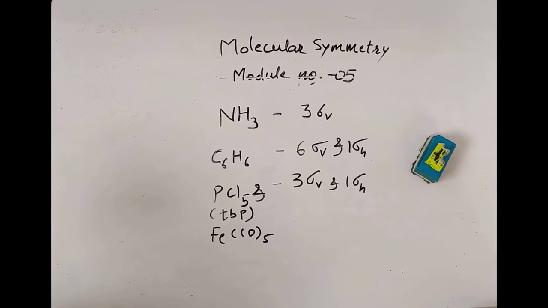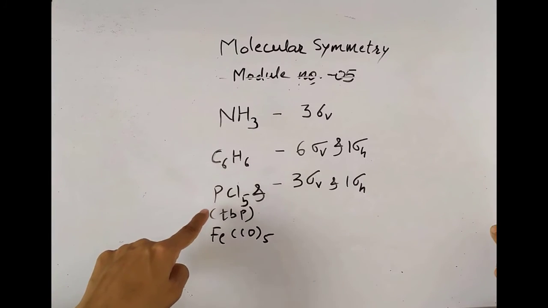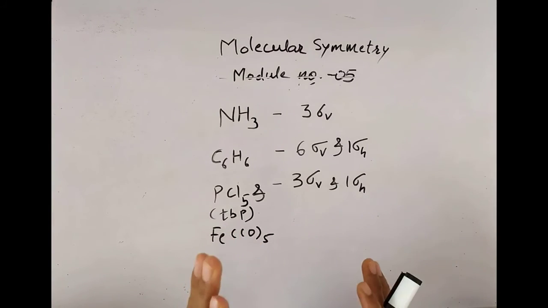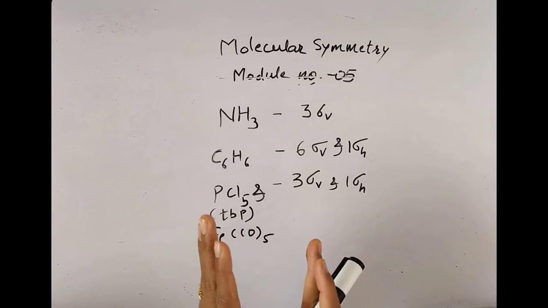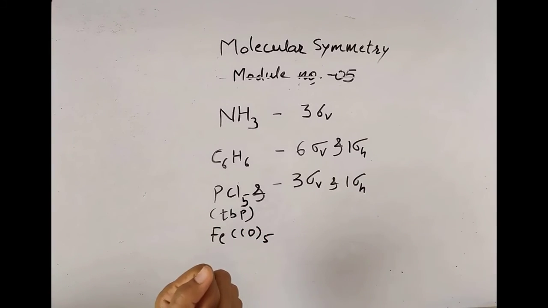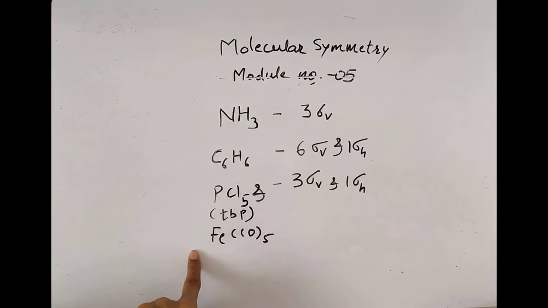For more practice, you can find out the planes that are present in ammonia, benzene, PCl5 and Fe(CO)5. I have told you before also, in order to find out all the symmetry elements, whether it is sigma, Cn or whatever elements we will see further, you must know the geometries of all the molecules.